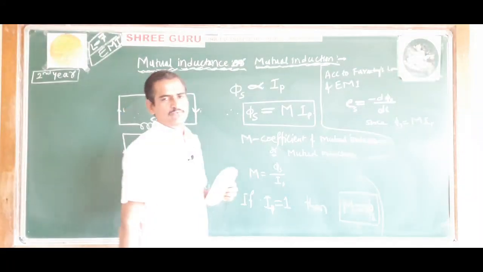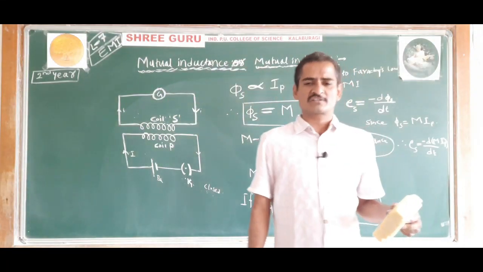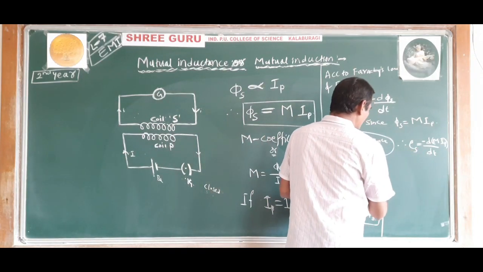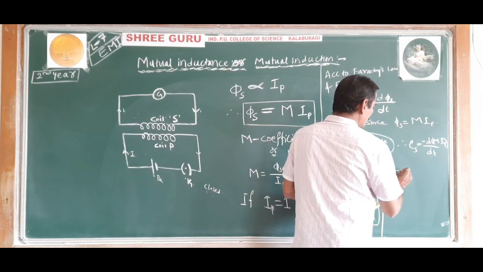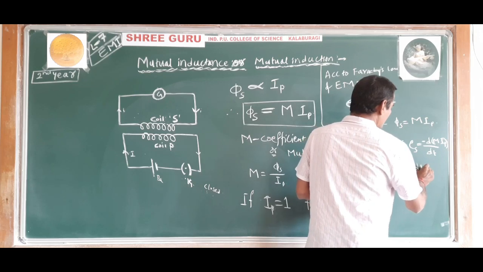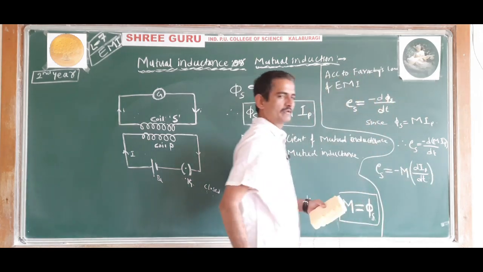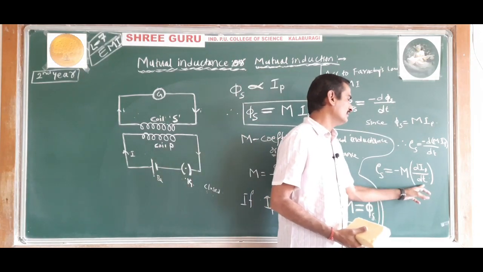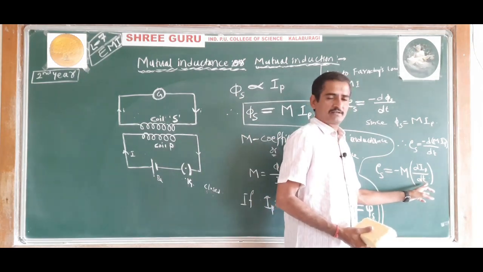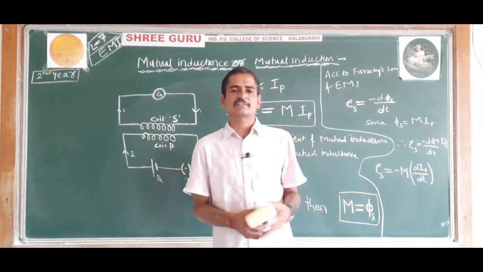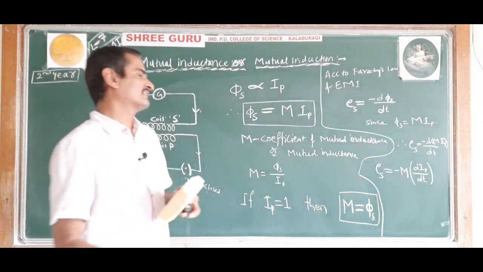For a given pair of coils, it is a constant. So M is taken outside. So ES is equal to minus M dIp divided by dt, and dIp by dt is nothing but the rate of change of current in the primary coil, and ES is the induced EMF in the secondary coil.